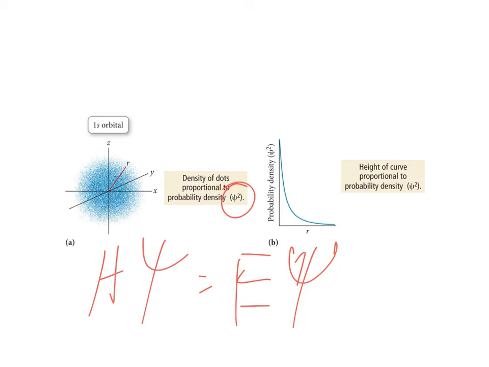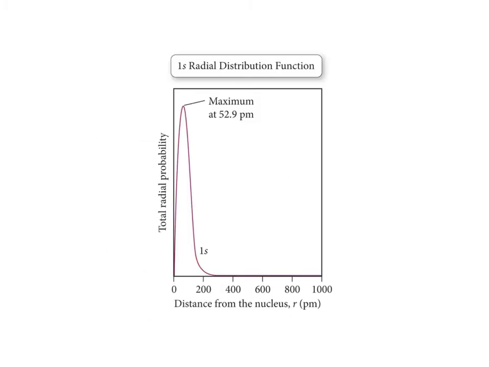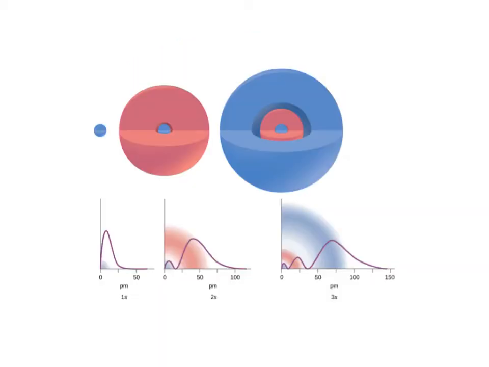This one gives you it in a distance probability, so this is the distance basically from the nucleus. This one's just a better representation of that. It's called the radial distribution function. And the reason it's a little different is because the electron cannot be at 0, right? That's the nucleus. And so that factors that in, and it gives you that nice curve. And this then gives you the distance that the 1s orbital occupies from the nucleus.